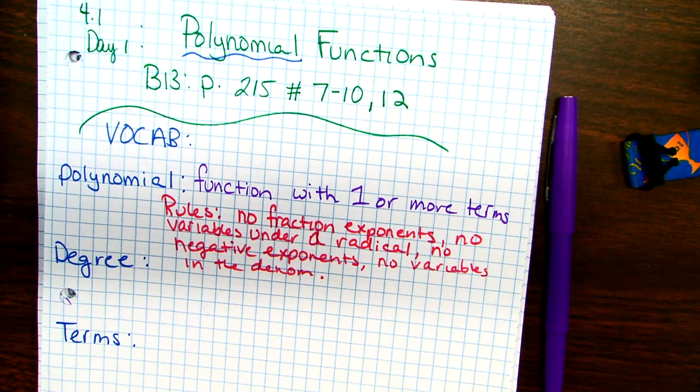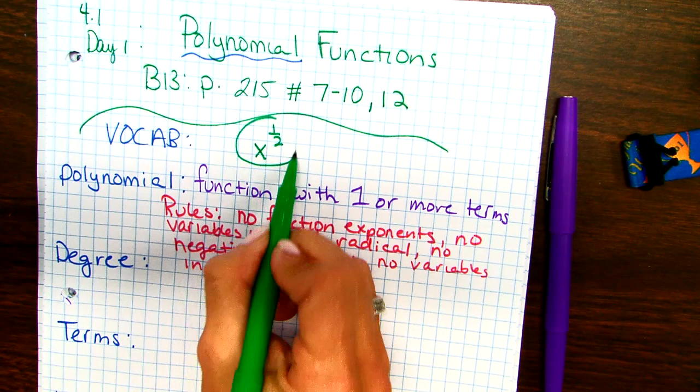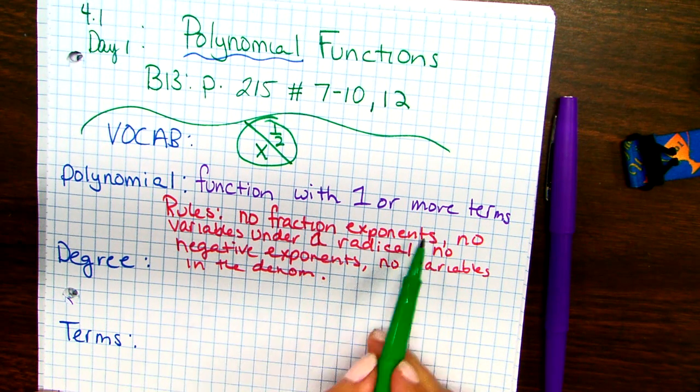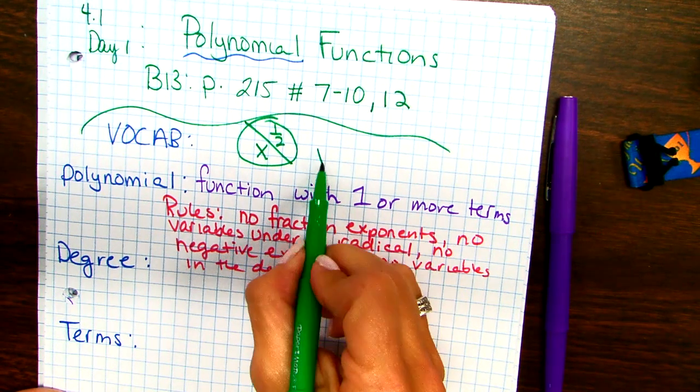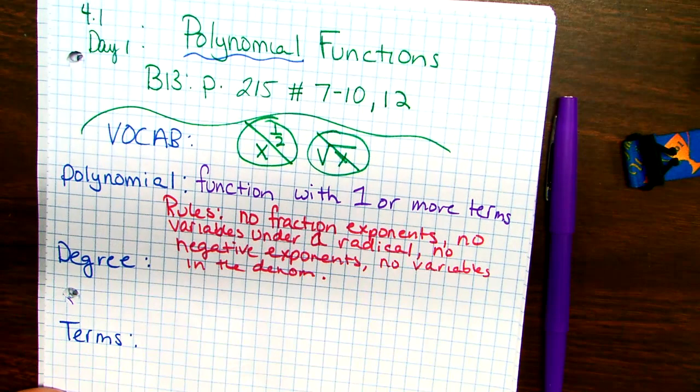Okay? So that first one, no fraction exponents. So x to the 1/2, not a polynomial. If it's a fraction exponent, that's bad. Just an exponent is fine. X squared, totally fine. But if it's a fraction, it's bad, okay? No variables under a radical, like that, not a polynomial.